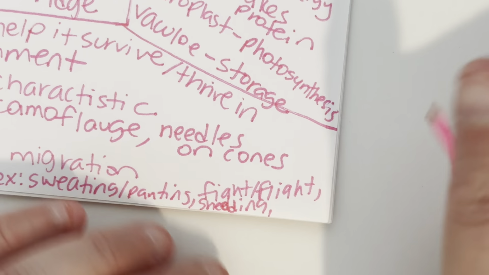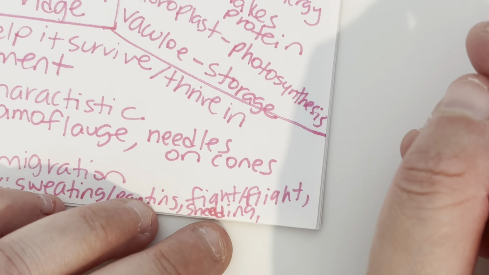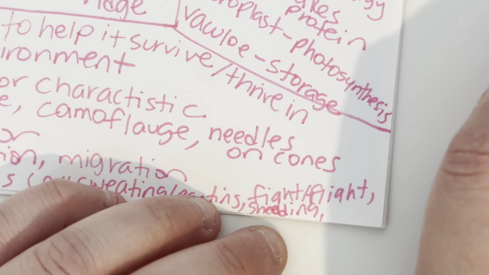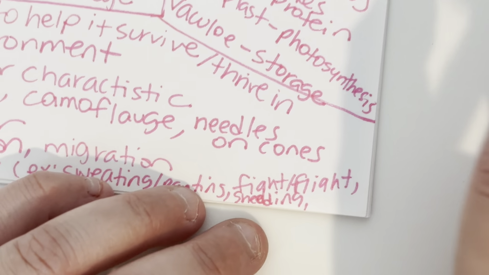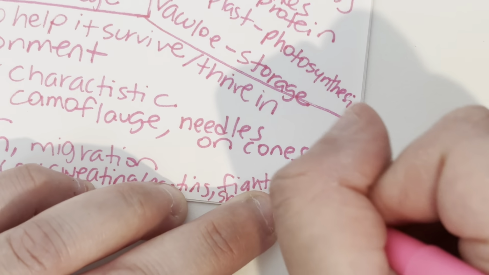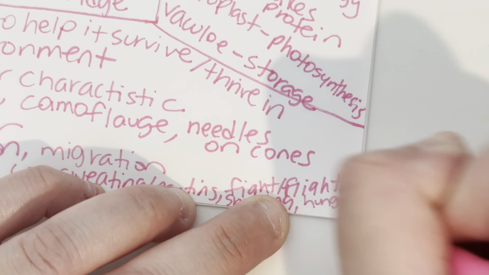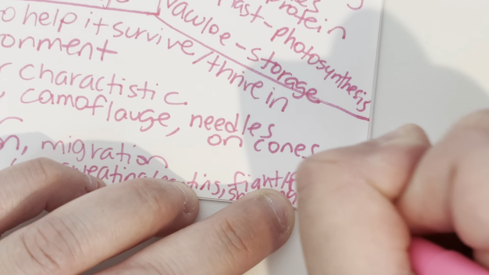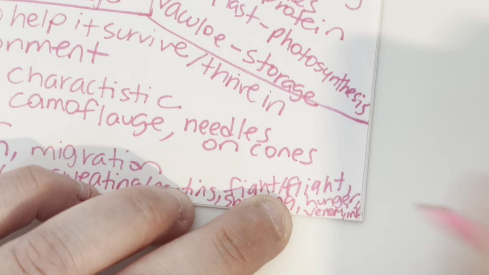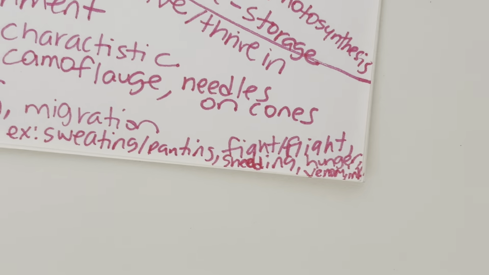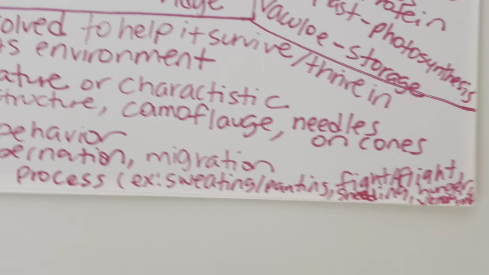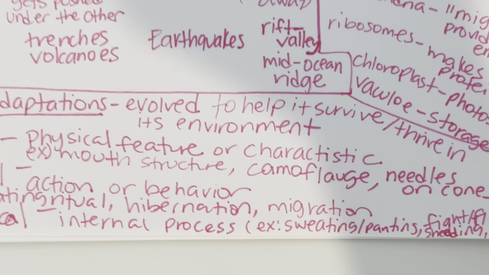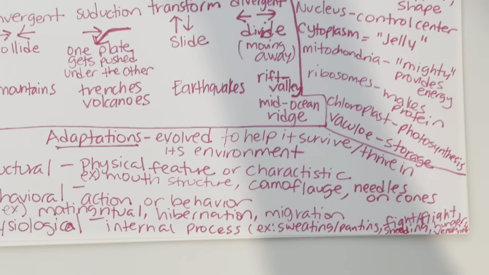Venom, ink sacs, anything that the animal produces as a defense mechanism, like a spider producing venom to kill its prey, or an octopus releasing ink. I'm sorry, I know it's kind of small, I ran out of paper, but any internal process that happens within the organism's body would be physiological.